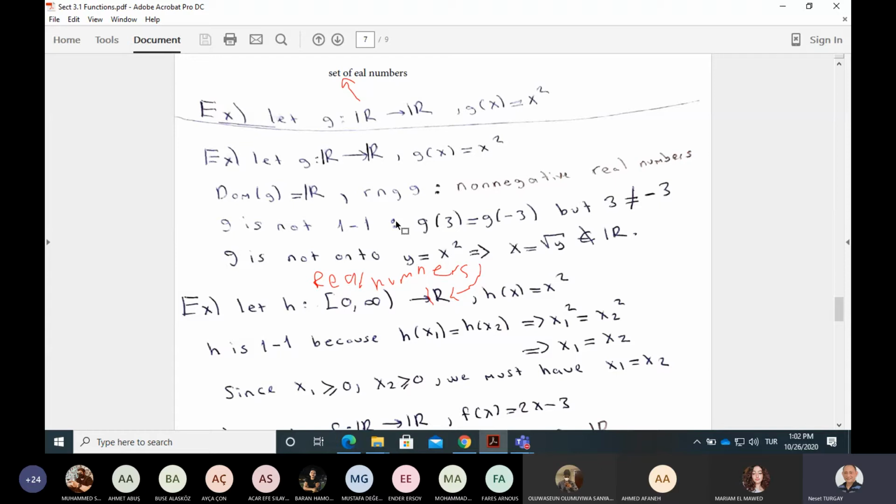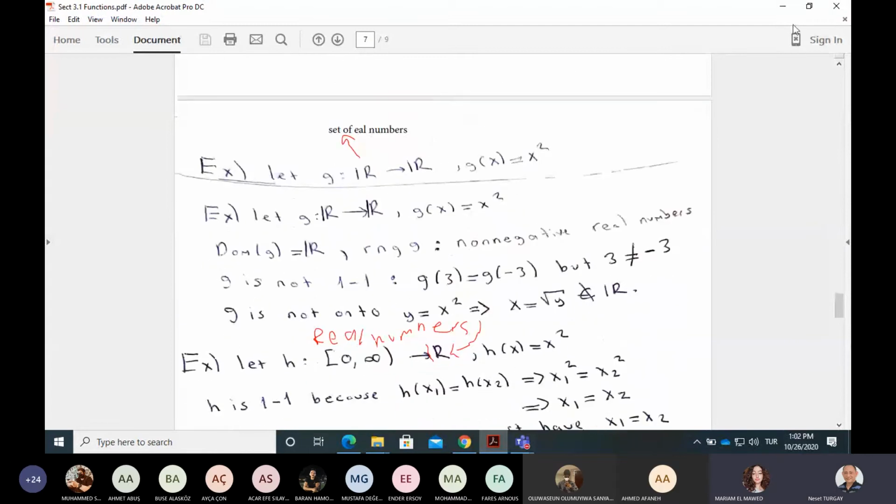Range of g is what? Non-negative real numbers. Do you agree with me? Because whatever x you take, the parabola should be upward.